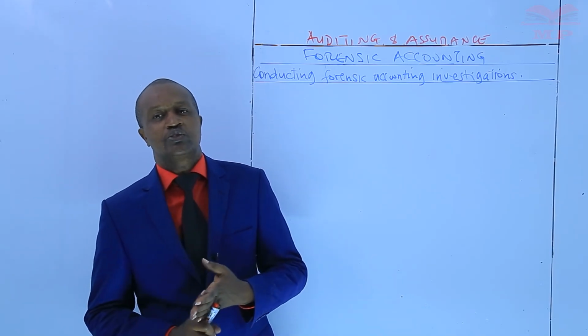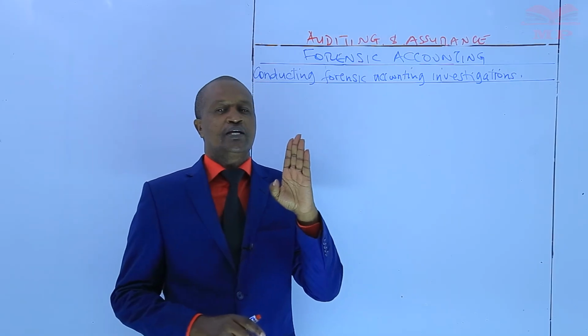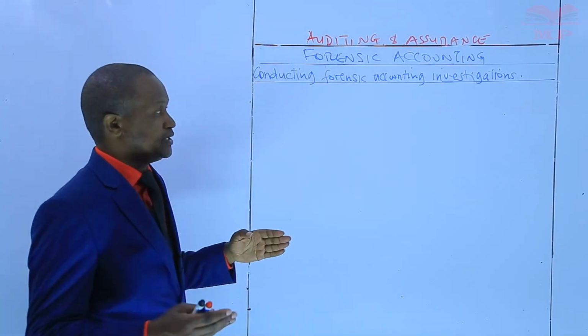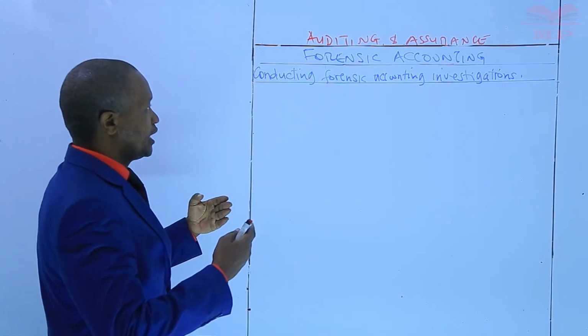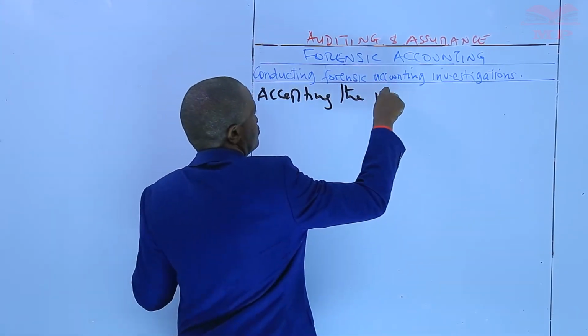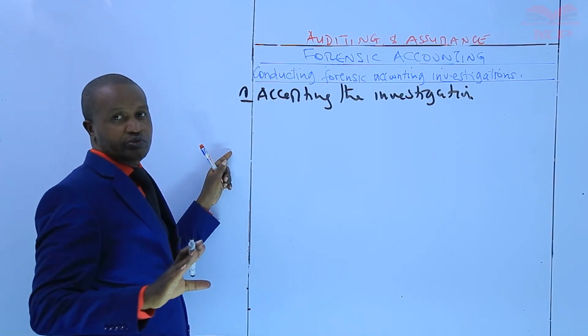So in today's lesson, we are going to go through the 4 steps in more detail, beginning with accepting the investigation, accepting to carry out the investigation. That's the first step, accepting the investigation.